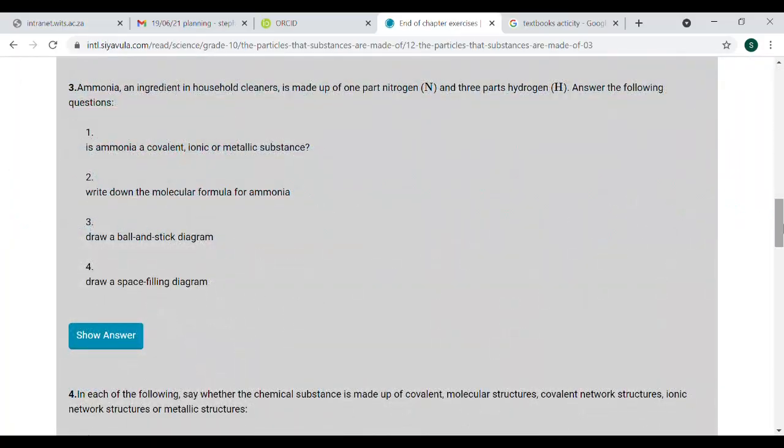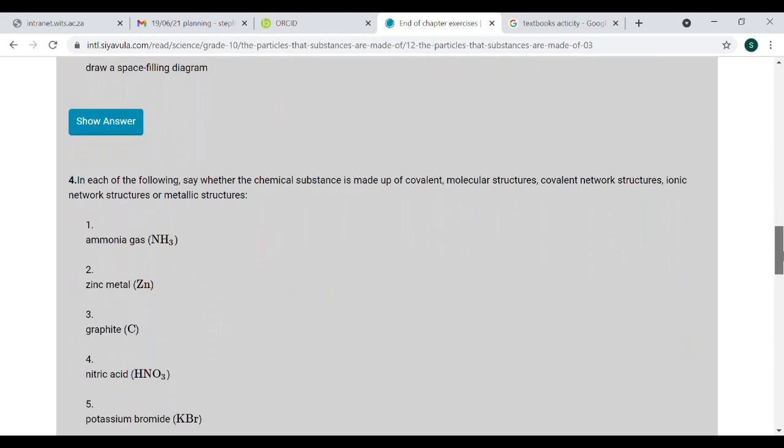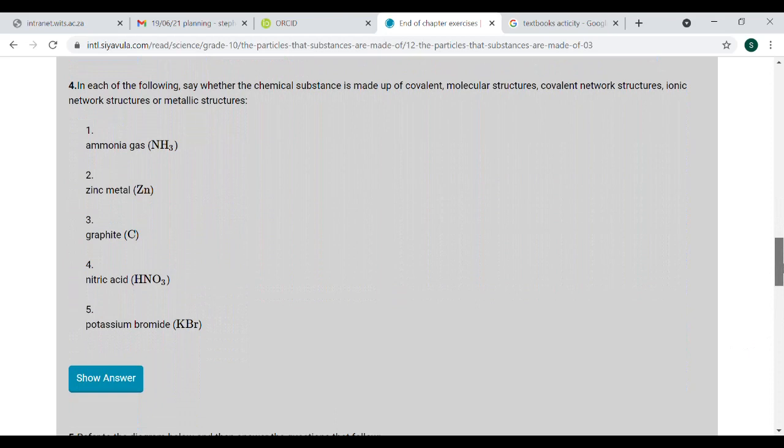Number 3, you are told about ammonia and you have to say what type of bond it is, write down the molecular formula and draw representations of the molecule. For question 4, you have to state whether the chemical substances listed below are made up of covalent molecular structures, covalent network structures, ionic network structures, or metallic structures.